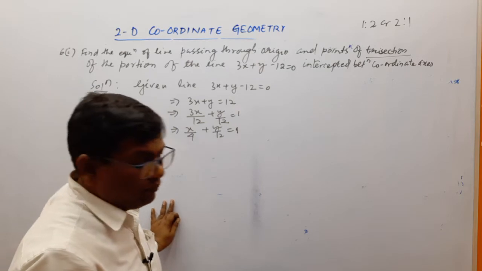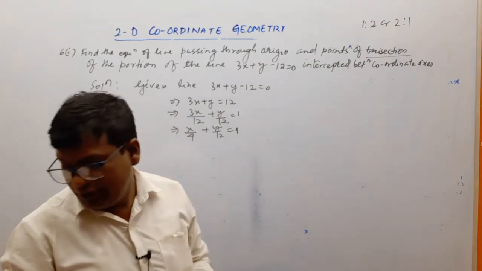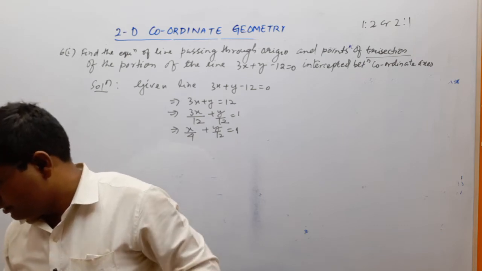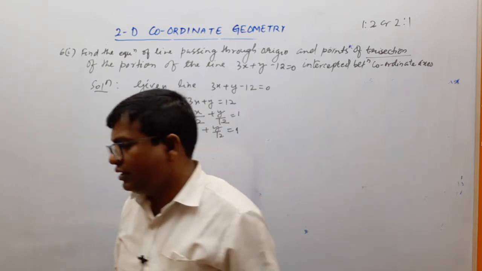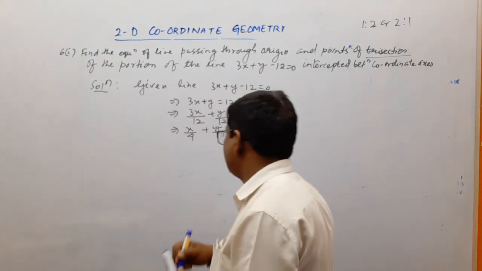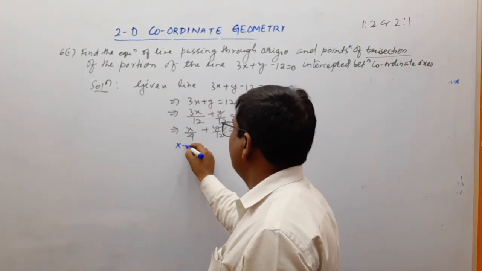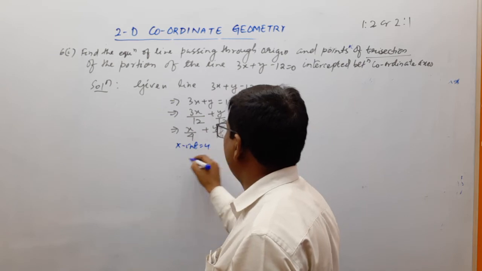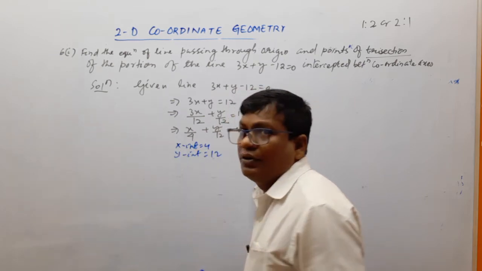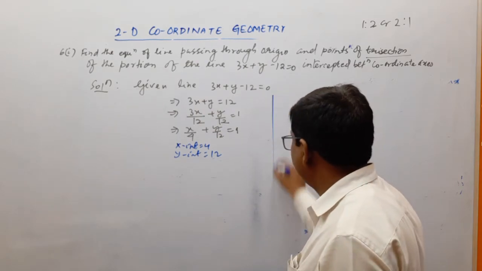Now the graph will be like this. Here is the x intercept and y intercept. X intercept is equal to 4, y intercept is equal to 12.